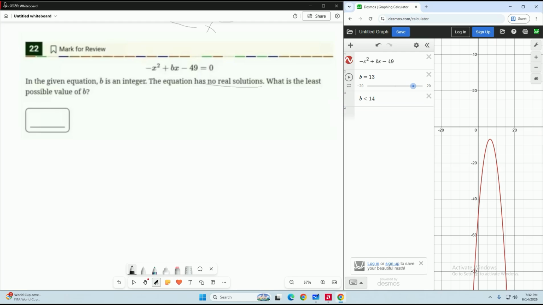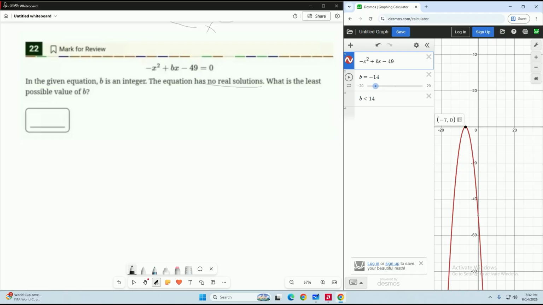But now let me see what happens when I make b negative. If I decrease b, it's going to head back towards where it was earlier, and then it'll slowly start heading back towards the x-axis. And you're going to see at -14, there's also one solution. So if I want there to be no real solutions, I need b to fall in between -14 and 14.